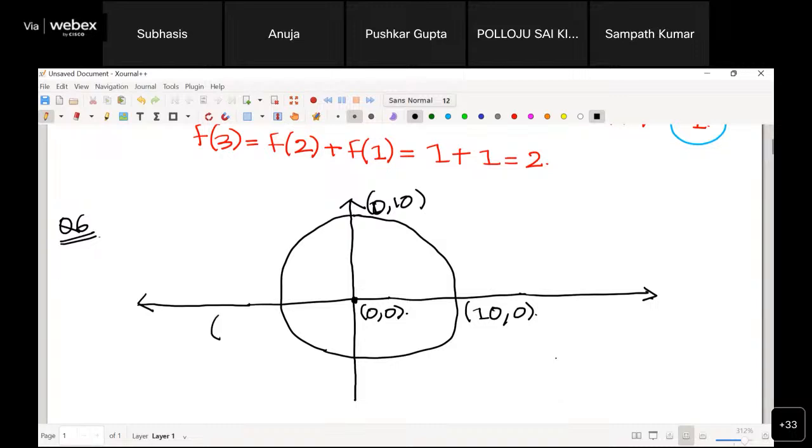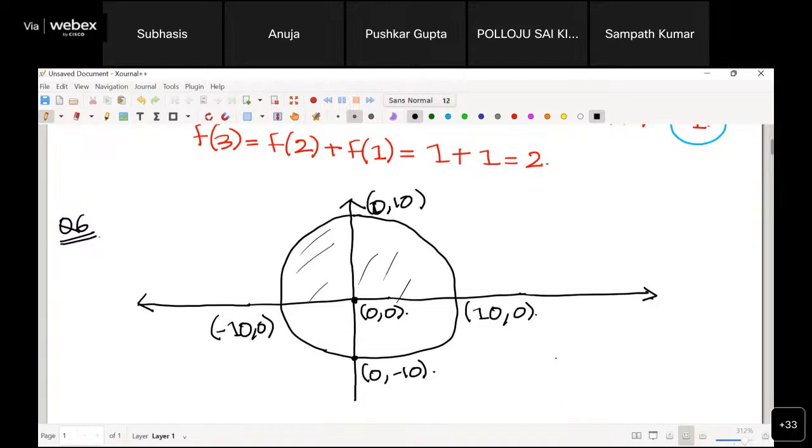This point is minus 10, 0, and this point is 0, minus 10. So this is the radius. Everything inside, including the boundary of the circle, these are the places where the signal of the Wi-Fi router can reach.